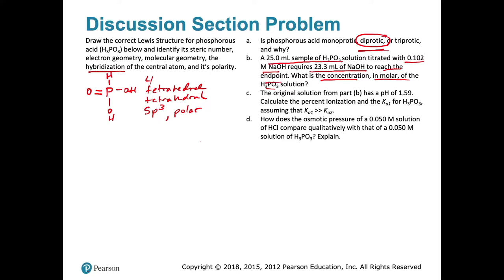The way you do that is you start out with the volume that you have of the sodium hydroxide, and everything is always going to be in liters, so it's going to be 0.0233 liters of sodium hydroxide, right? Because remember, moles divided by liters is what molarity is. So that's why you got to make it liters, okay?